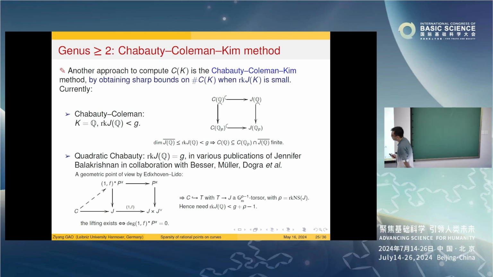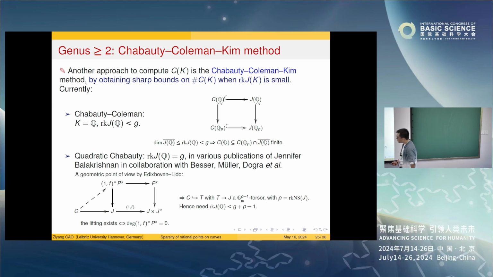Quadratic Chabauty goes some steps further and applies to some cases when the rank is g and when the curve has a lot of correspondences. So it works well for modular curves, for example, in various publications of Jennifer Balakrishnan with her collaborators Besser, Müller, Dogra, Yang, Wang, Tuitman.